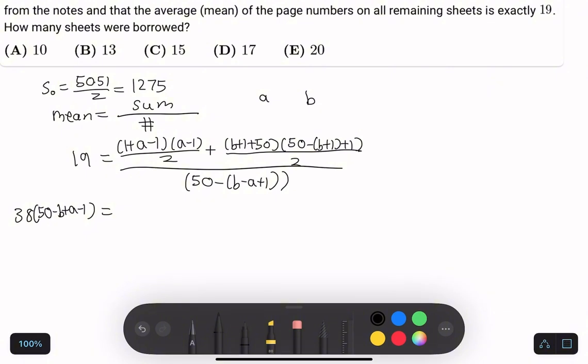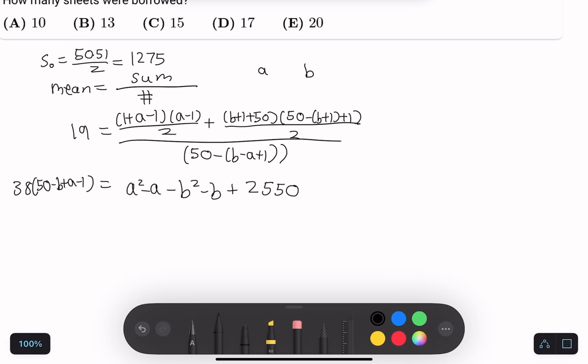We can expand the expression and get A squared minus A minus B squared minus B plus 50 times 51, which is 2,550.